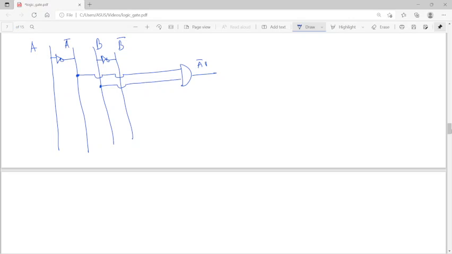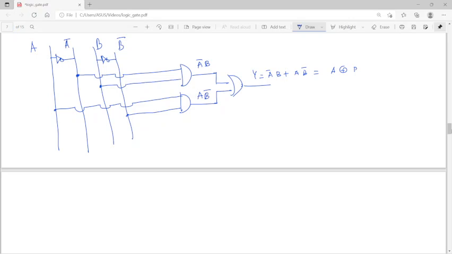This is A bar B, and A B bar. This is A, and this is B bar. This is A B bar. I am putting this AND gate, and now both are connected to the OR gate. Then I can get A bar B plus A B bar. This is nothing but the output of the XOR gate, right?